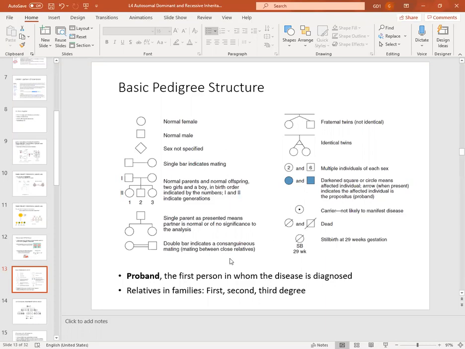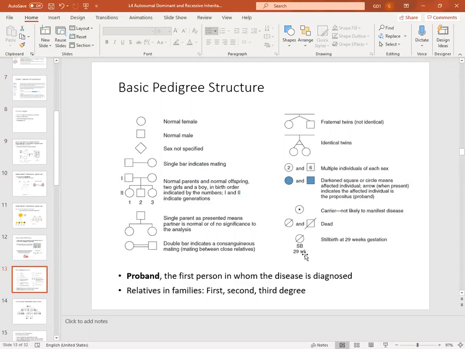SB is a stillbirth, meaning the fetus died inside the mother's belly, about 20 weeks gestation, and we note it here.